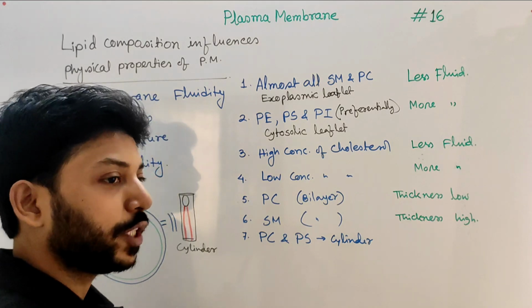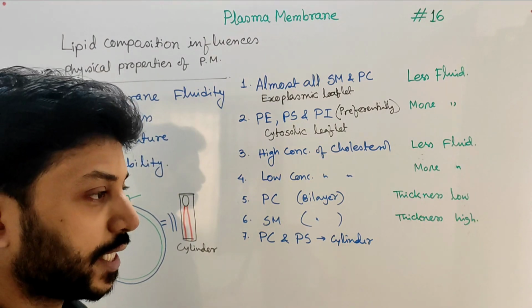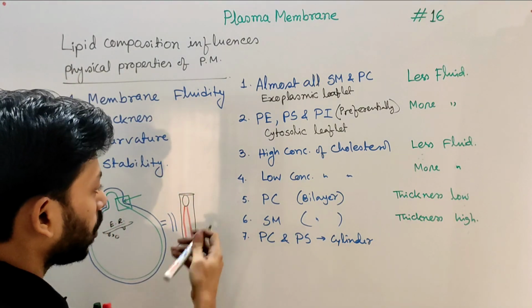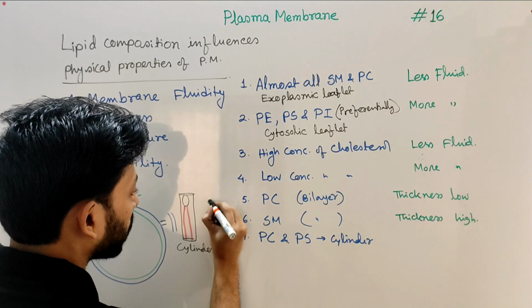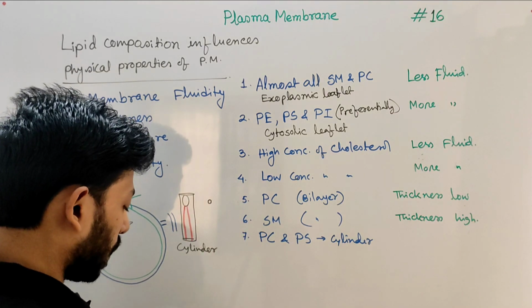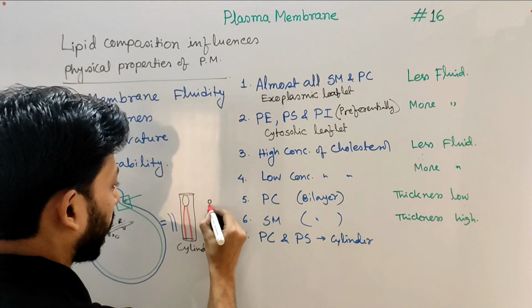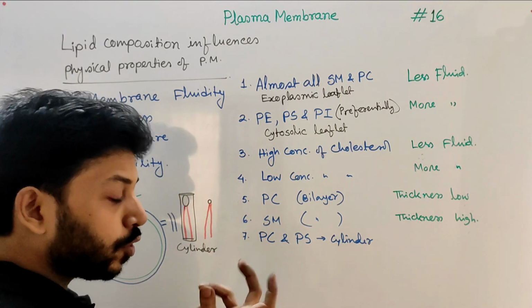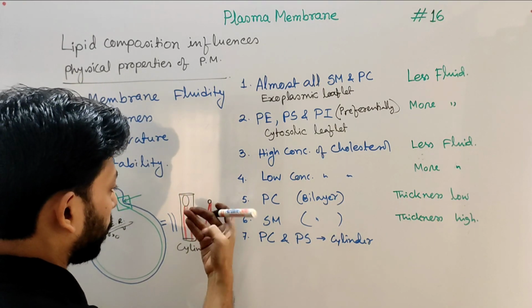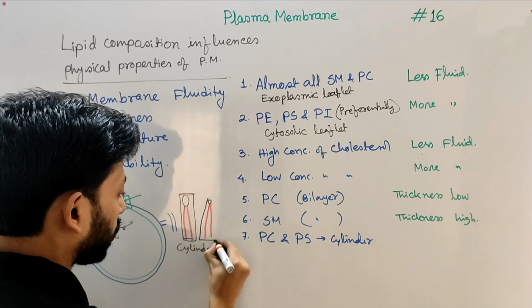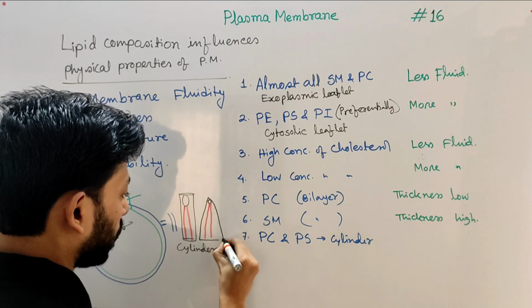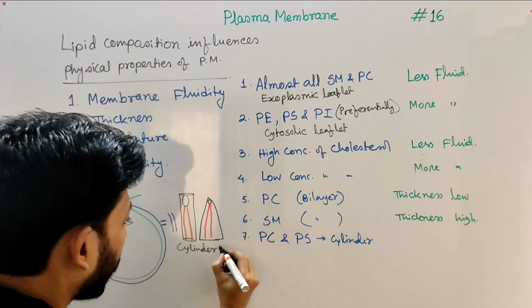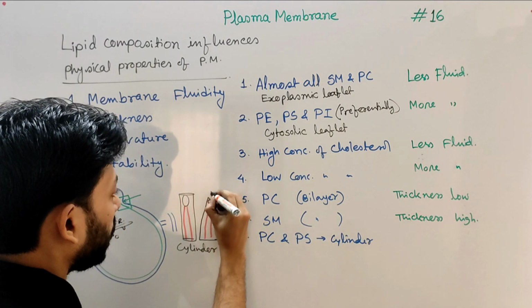And for other phosphoglycerides, an example is phosphatidylethanolamine. Phosphatidylethanolamine contains a smaller polar head group, but let's suppose the fatty acid size is the same. Then how does it look? It looks like a cone shape, not a cylinder shape. So I can write here cone. The example is PE.